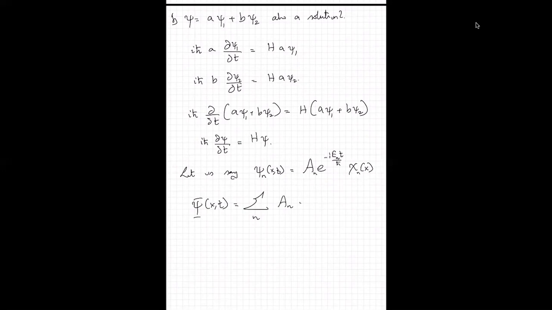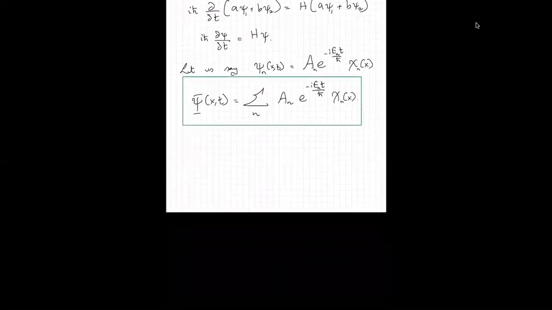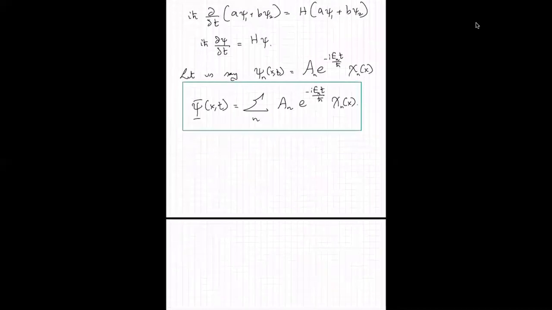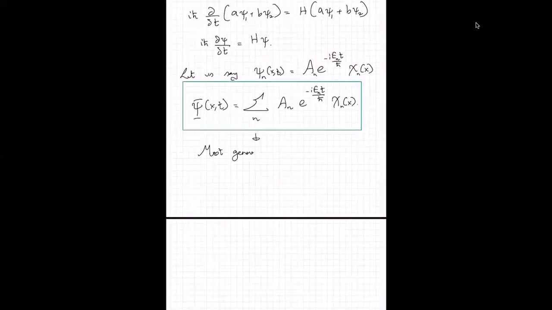So I can construct a general linear combination, and I'm guaranteed that this general linear combination of all these solutions is also a solution. Let me box this. This is the most general solution of the time-dependent Schrodinger equation.